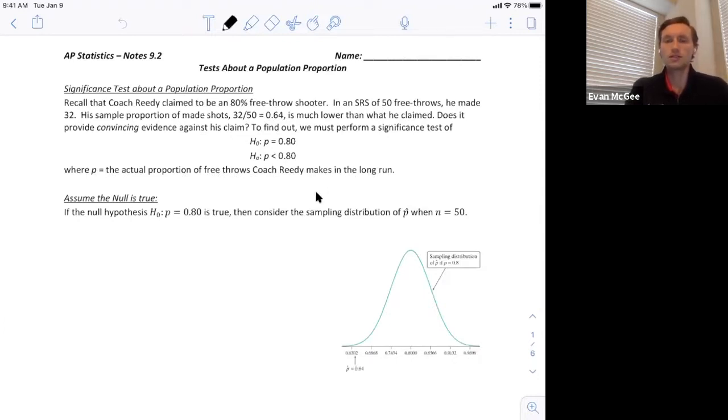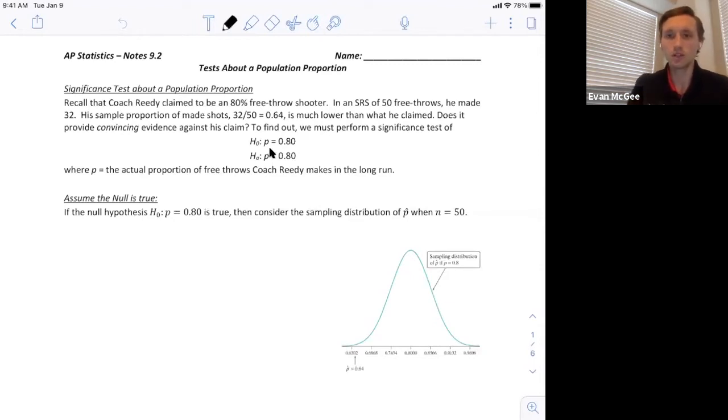So the thing about a significance test is we have to assume the null is true until proven untrue. It's kind of like a courtroom where the person is innocent until proven guilty. And that's exactly how we approach all significance tests.